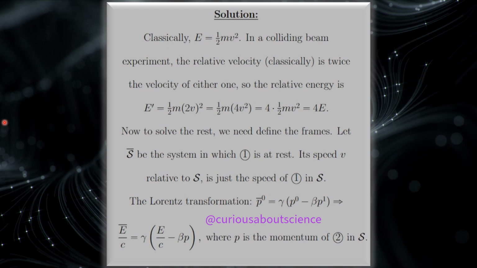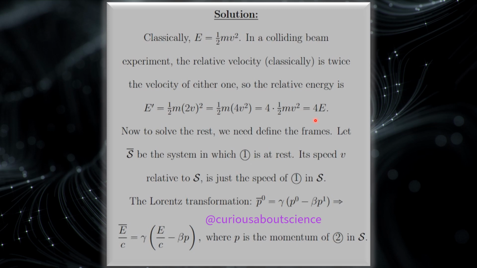So we just simply put v goes to 2v in the energy equation. So we see that E prime is equal to 1/2 m times (2v) squared. So we have to square everything inside the parentheses. Hence, we end up with a 4v squared factor, and a factor of 4 comes outside from that, and that's how we end up with 4E. That's a pretty typical scaling law.